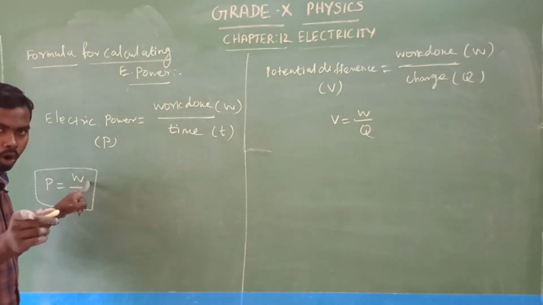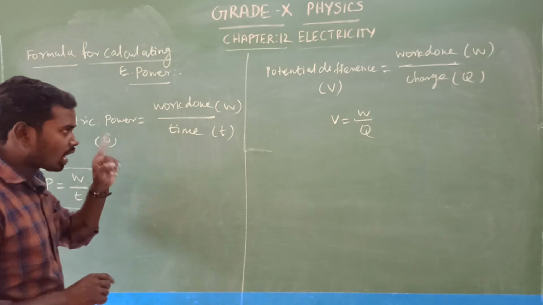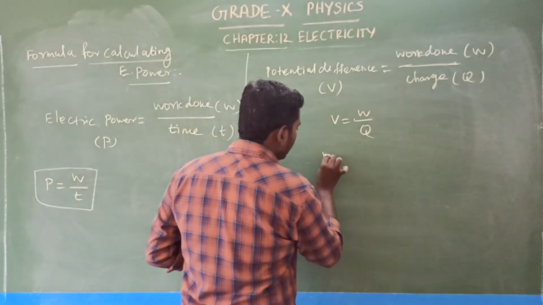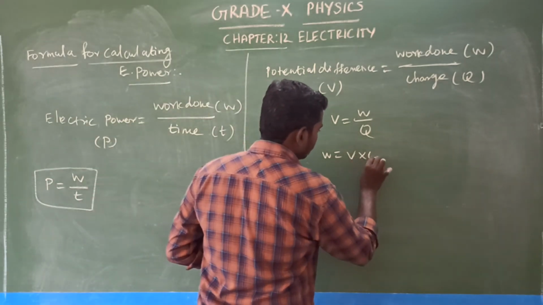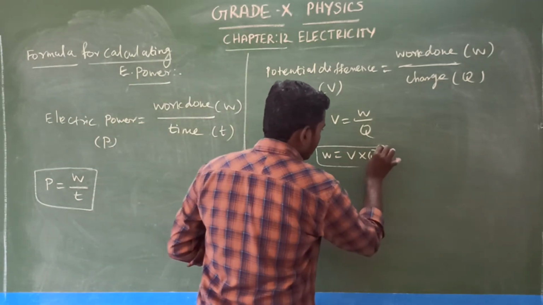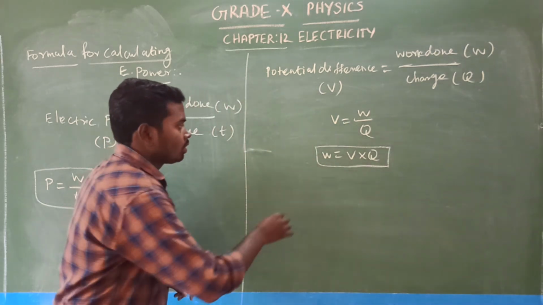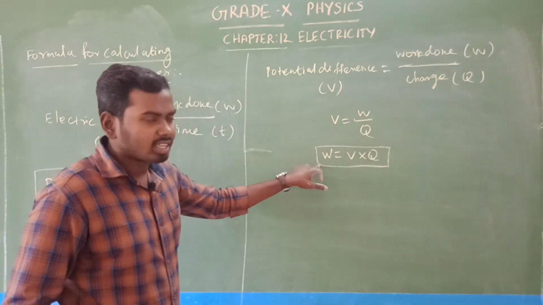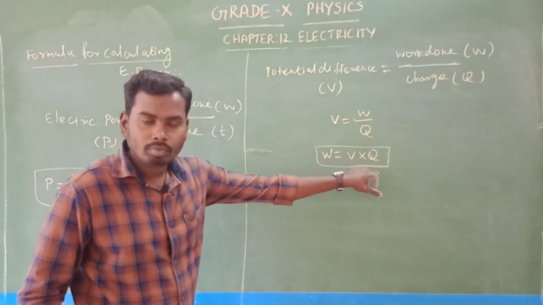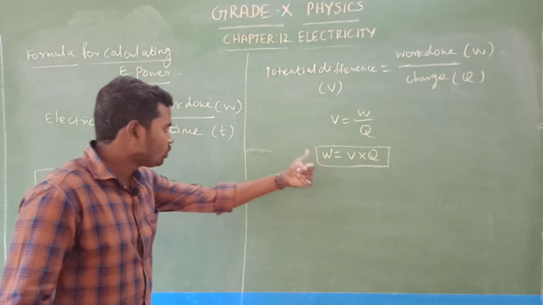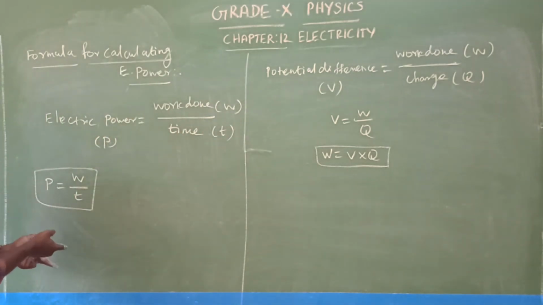So W is equal to V into Q. Work done is equal to V into Q. Am I right or wrong? Yes. So substitute this value in this formula. Is it clear?